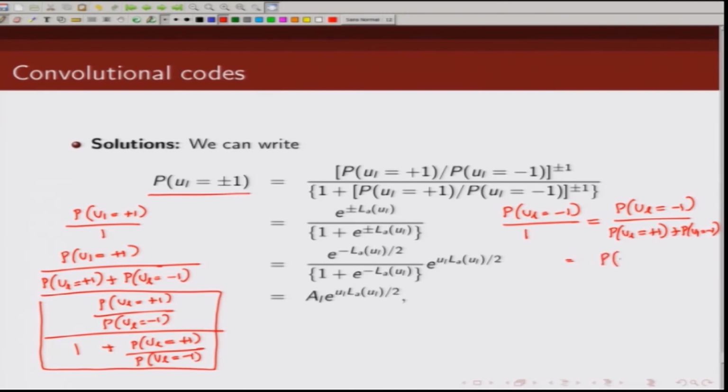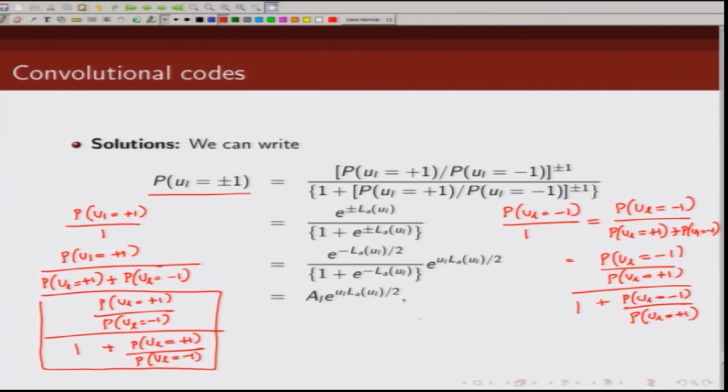So this will be probability of UL equal to minus 1 by probability of UL being plus 1, over 1 plus probability of UL being minus 1 by probability of UL being plus 1, right.